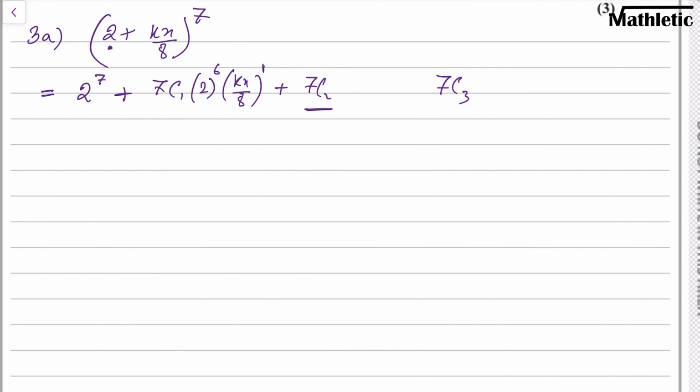Next term is 7c2. Like I said, the power of the first term will decrease, so 2 had a power of 7, then 6, so now it will be 5. And the second term will have a power of 2. Next, 7c3, the first term had a power of 7, then 6, 5, so now it will have a power of 4.